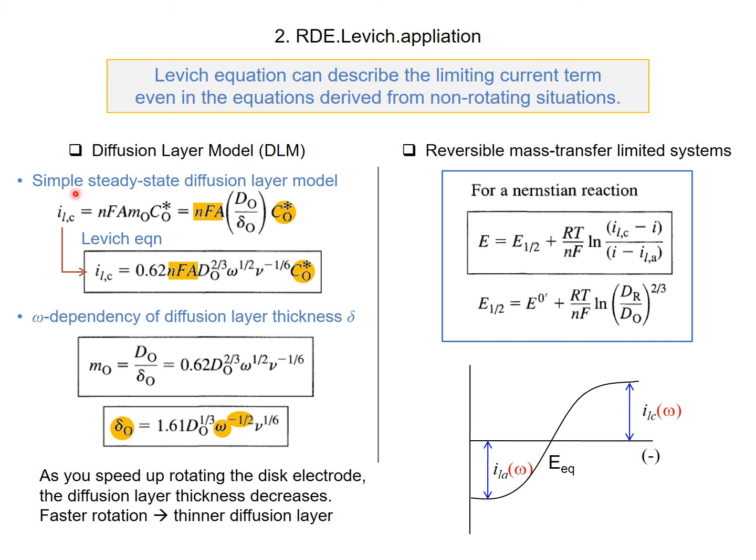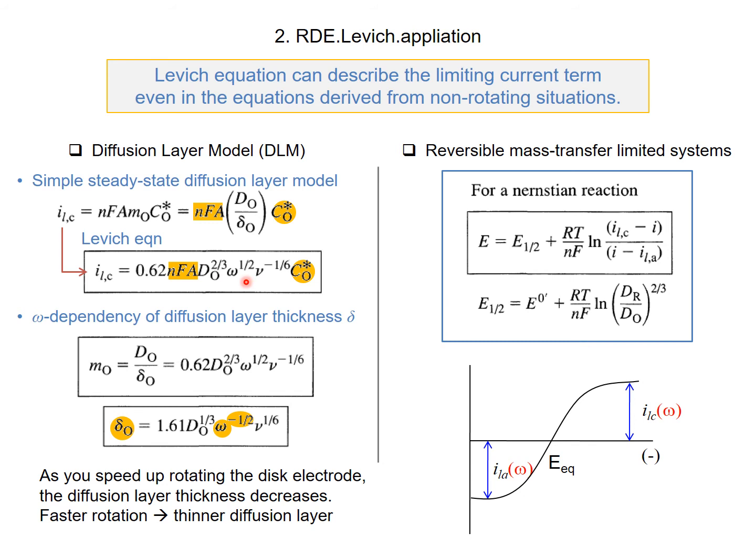In the simple steady-state diffusion layer model, the limiting current for the cathodic process, or sometimes the anodic process, can be described by the product of nFA and the ratio of diffusivity to the diffusion layer length and the bulk concentration. Of course, the limiting current can also be described by the Levich equation, where the current is proportional to the square root of the rotational speed.